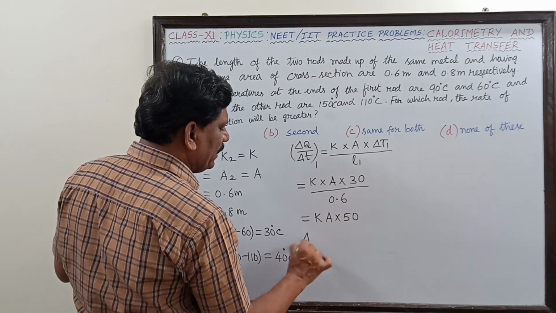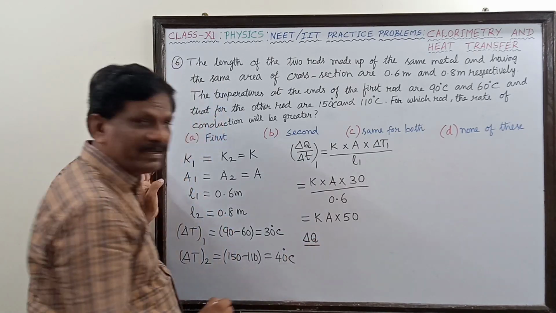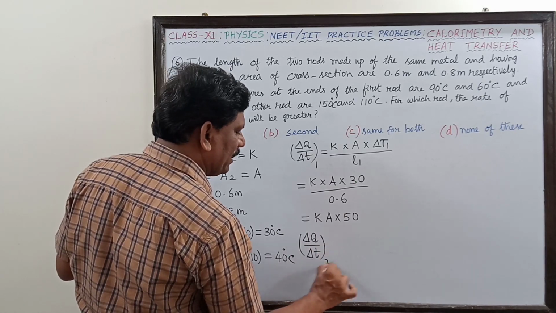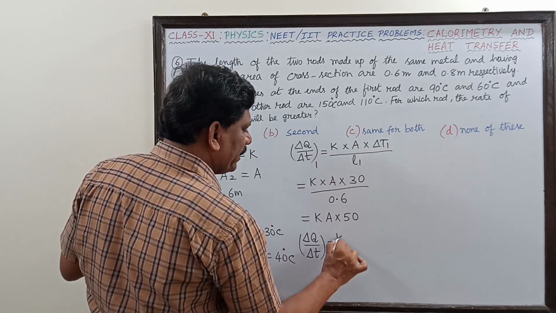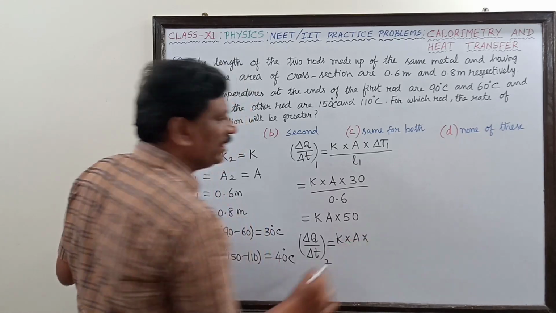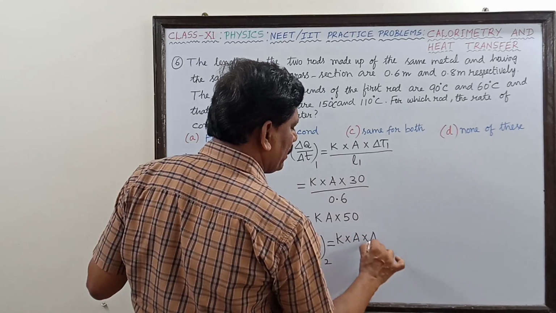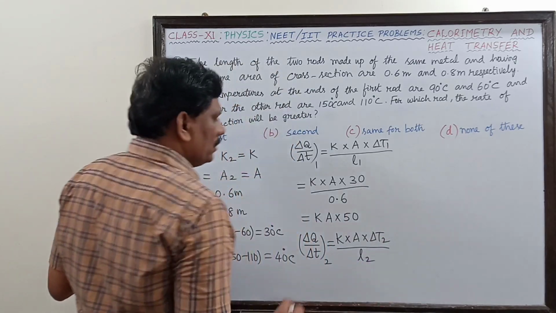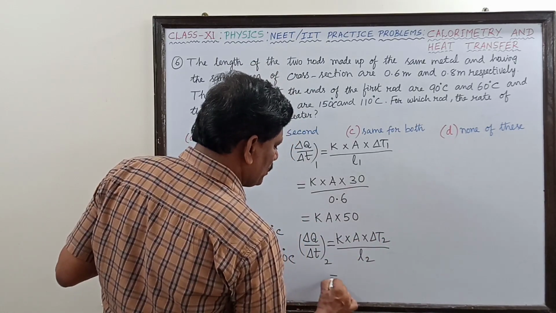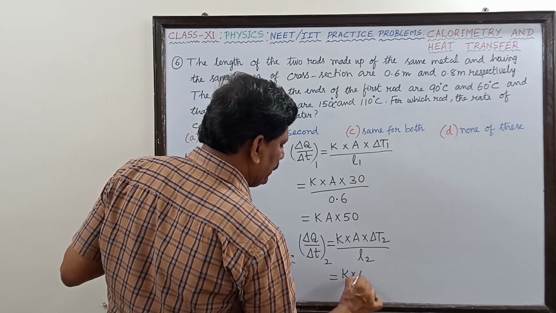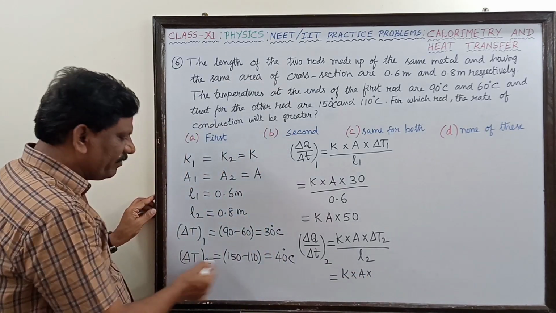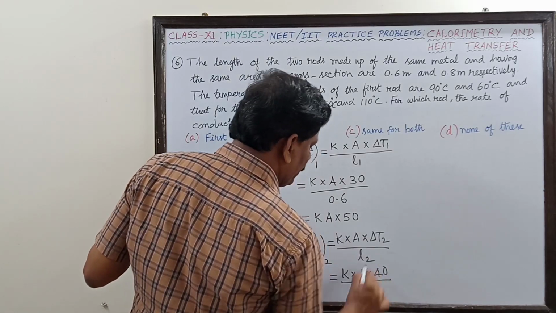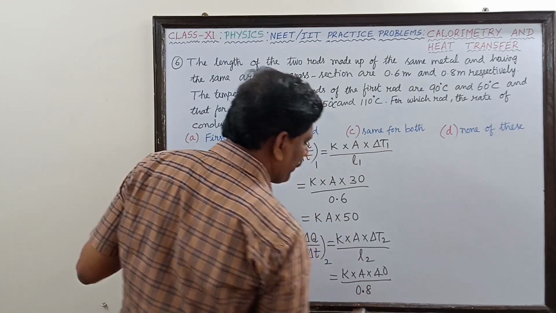Now we will get the expression for the rate of flow of heat through the second rod. So delta Q divided by delta T for the second rod is now equal to K into area of cross section A into delta T2 divided by L2. So this is now equal to K into A into delta T for the second rod is 40, multiplied by 40 divided by 0.8.